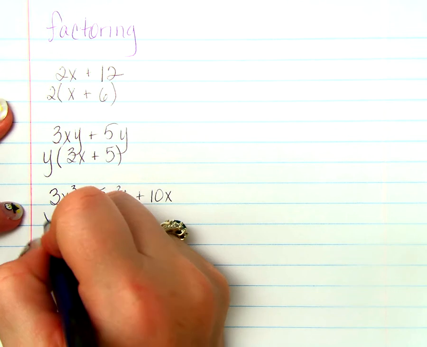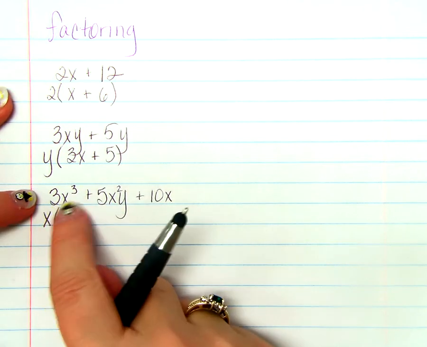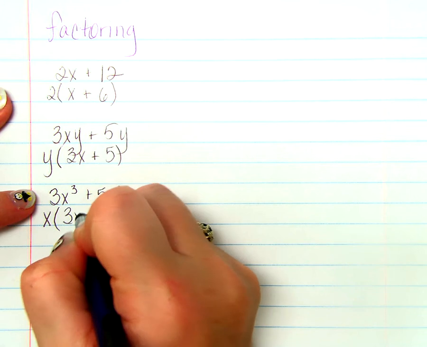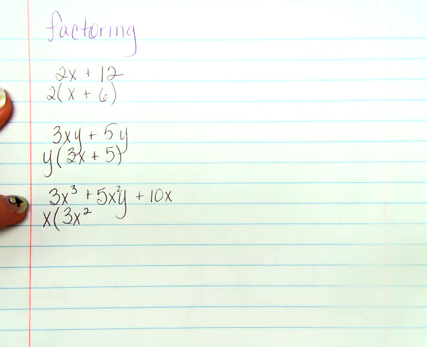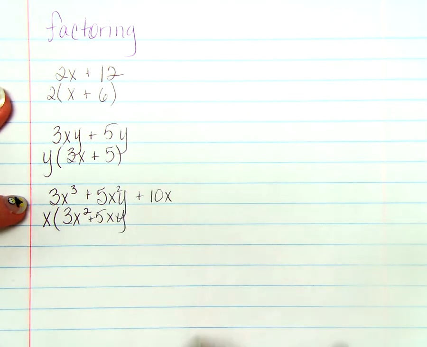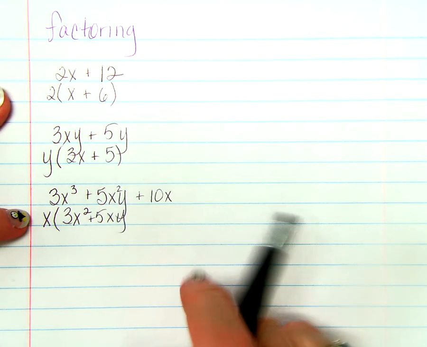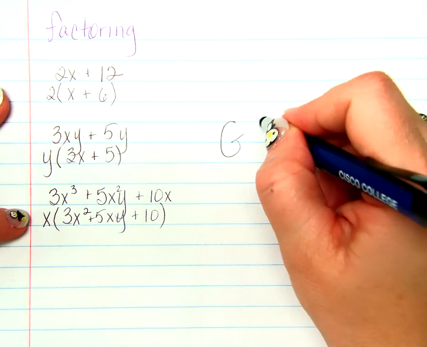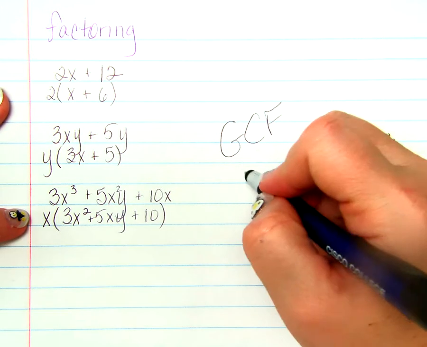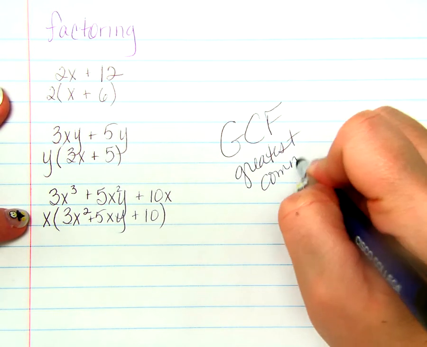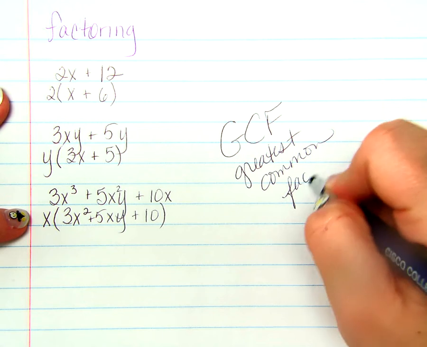So if I factor just an x out of each term, what's left when I divide this term by x? 3x squared. Very good. What's left from this term if I divide by x? 5xy, so plus 5xy, and what's left when I divide by x? Plus 10. Perfect. So GCF, I want you to look for GCF every time. And what does that stand for? Greatest common factor.